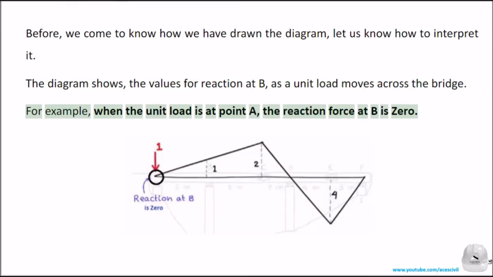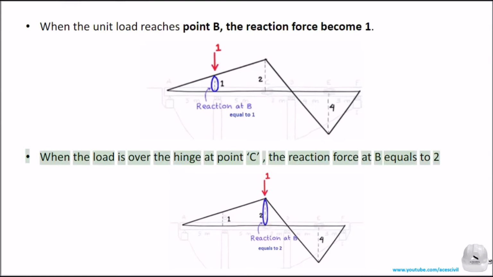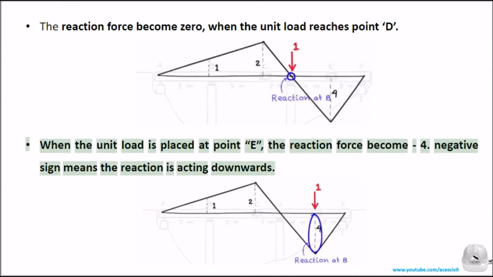The diagram shows the values for the reaction at B as the load moves across the bridge. For example, when the unit load is at point A, the reaction force at B is 0. When the unit load reaches point B, the reaction force becomes 1. When the load is over the hinge at point C, the reaction force at B equals 2. The reaction force becomes 0 when the unit load reaches point D. When the unit load is placed at point E, the reaction force becomes -4.